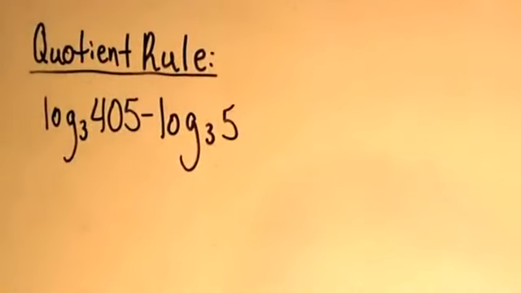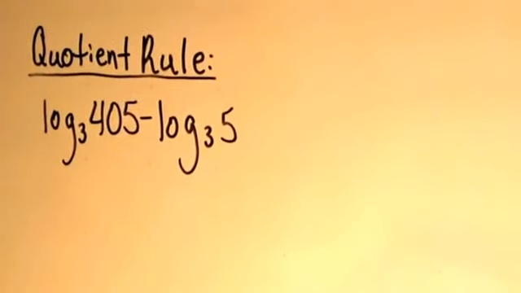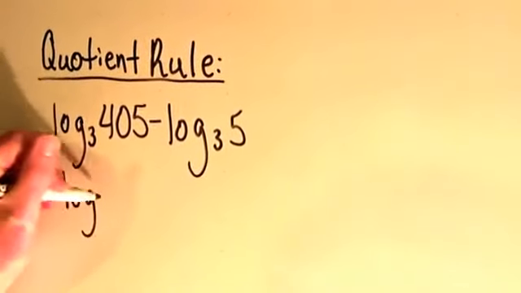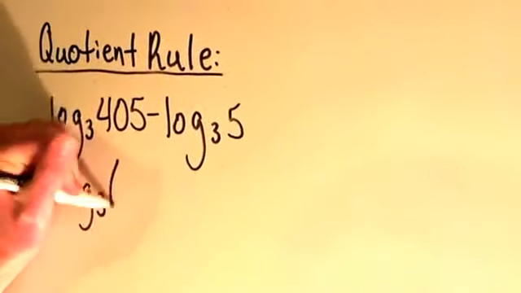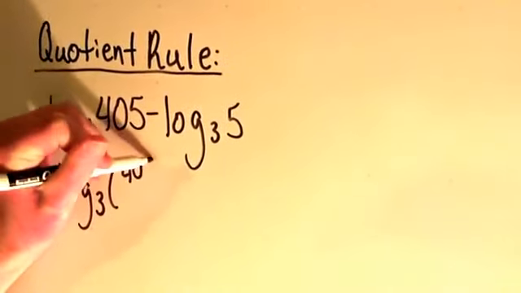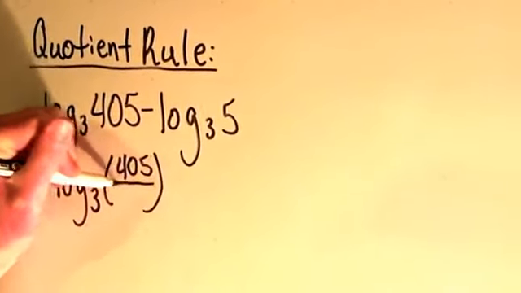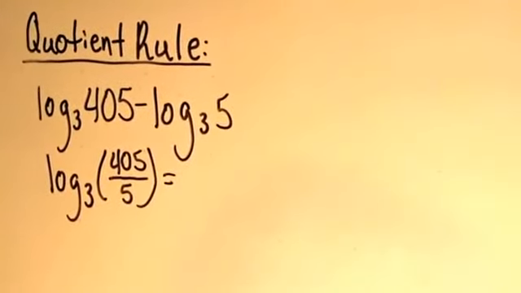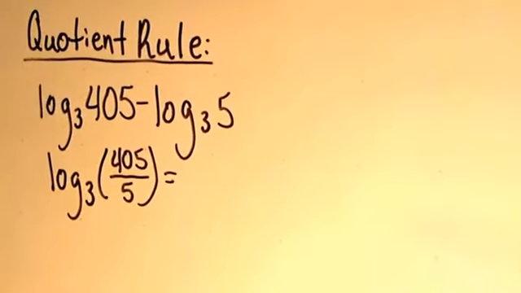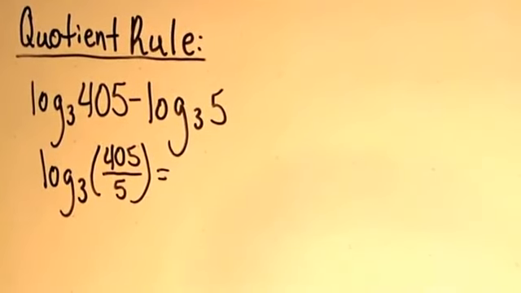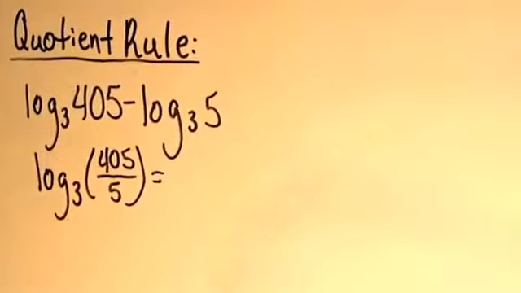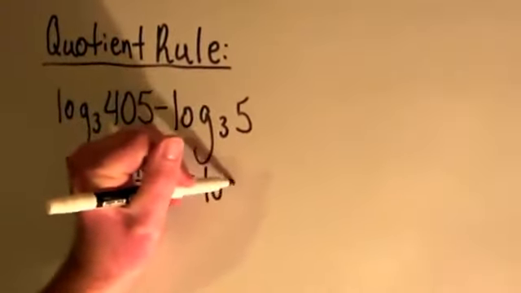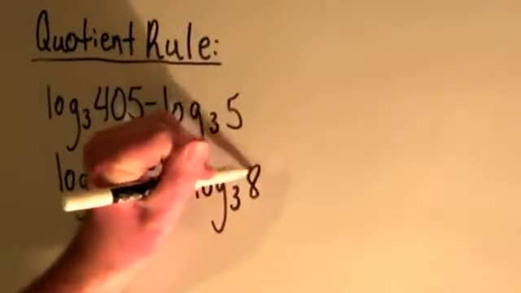Now that doesn't really mean anything to us, but we could condense it to log base 3 of 405 divided by 5, or over that. And that's obviously, 405 is obviously divisible by 5, and if you punch it into the calculator, you get log base 3 of 81.